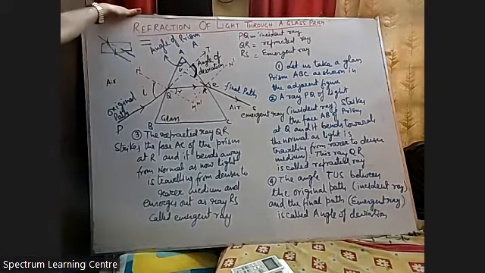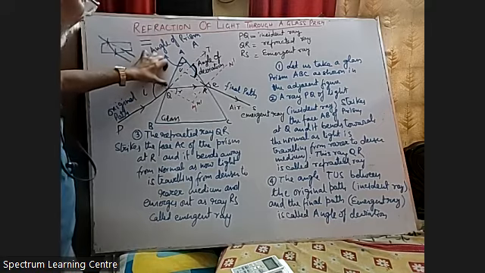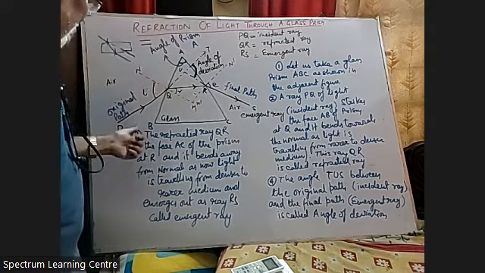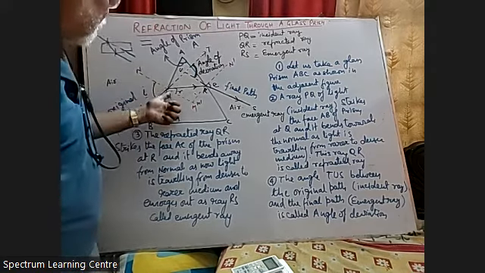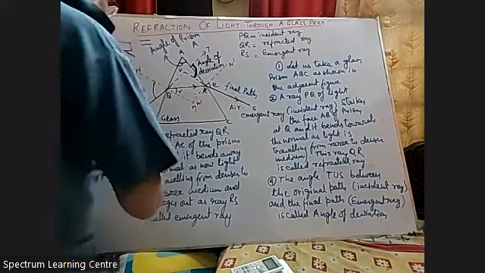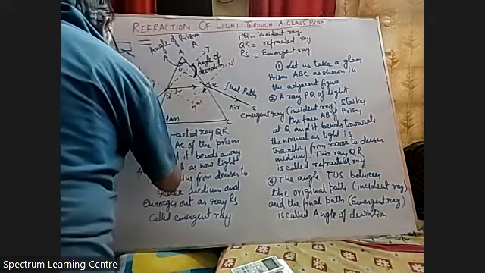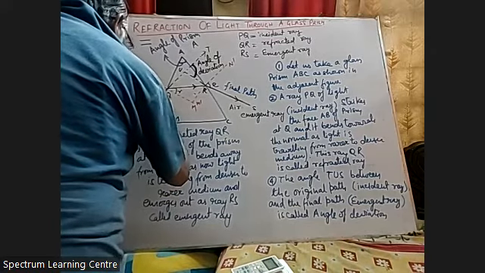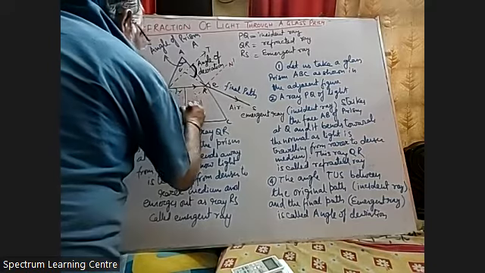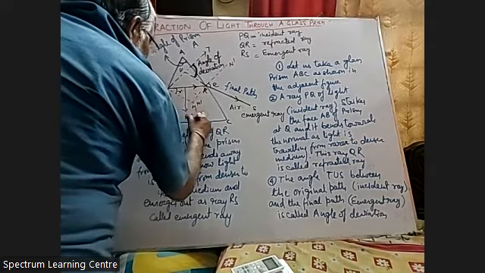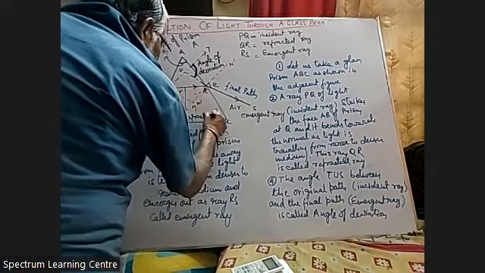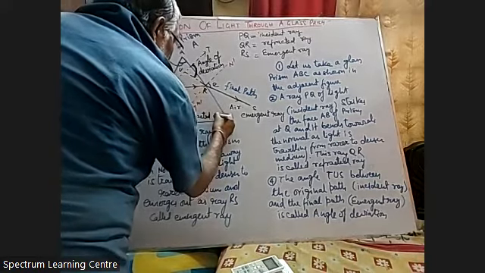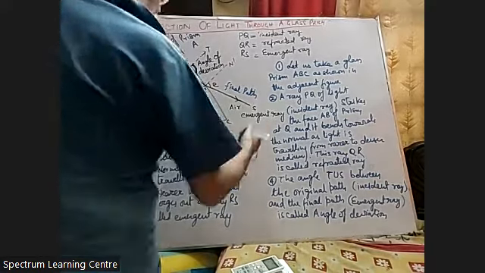That is why I have produced forward the incident ray PQ. You should write all this: incident ray, this is refracted ray, and this is emergent ray.